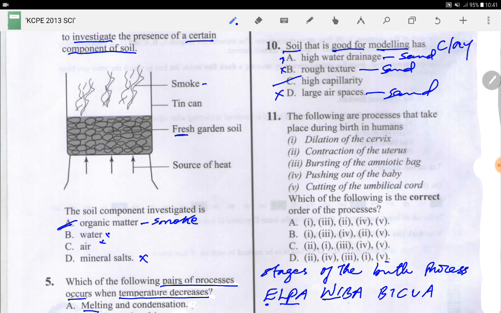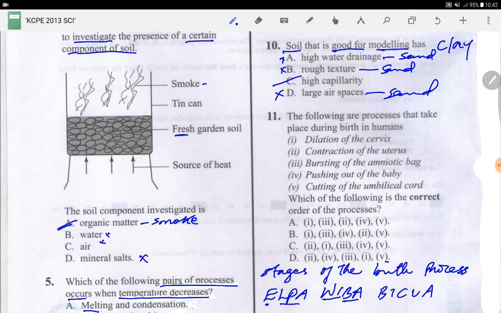After the cervix has dilated, the next thing is the bursting of the amnion, what one may also call breaking of the waters. Now, when the amnion bursts, the amniotic fluid is released. This prepares the way for the coming of the baby. So the baby comes out without problems due to the amniotic fluid acting as a lubricant.